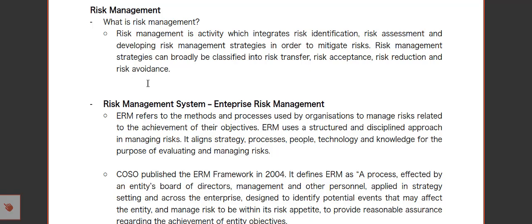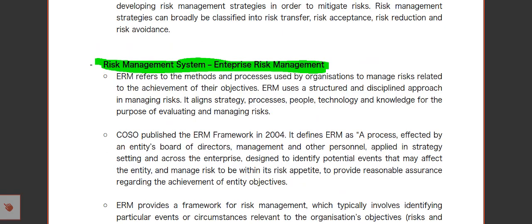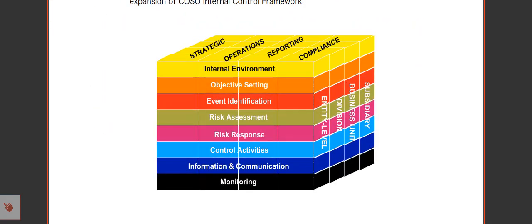Basically, when we talk about a risk management system, this ERM is one of the very famous risk management system models that is endorsed by COSO, and that's how the risk management system looks like.